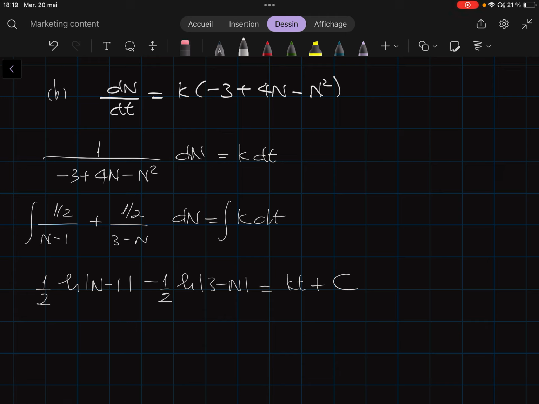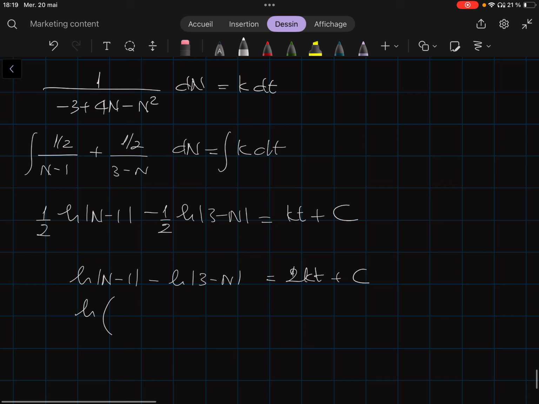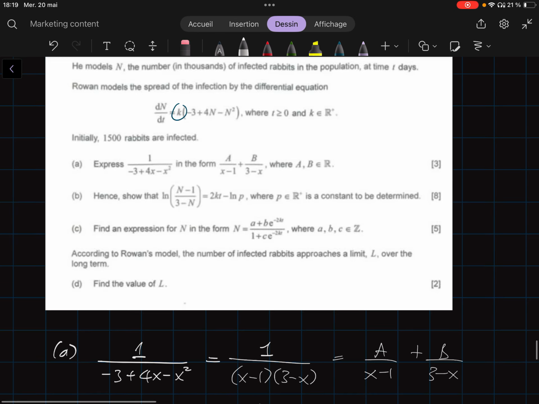Multiply both sides by 1 by 2. And then simplifying this guy will give what you're looking for. Okay.